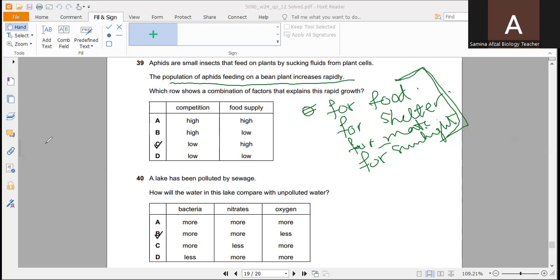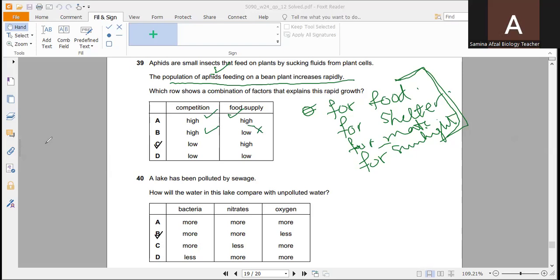So if the population of aphids feeding on a bean plant is increasing, it means there is no competition or less competition and food quantity is high. So they are not competing with one another. Competition high, food supply high: no, they will not compete if the food supply is high. Competition high and food supply low: again, this is not a correct option.